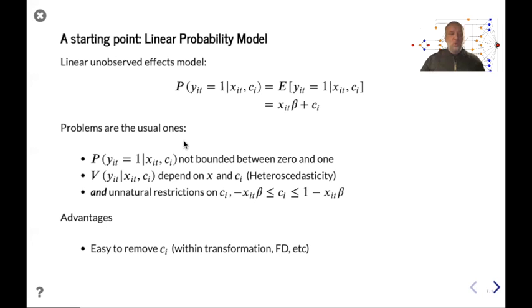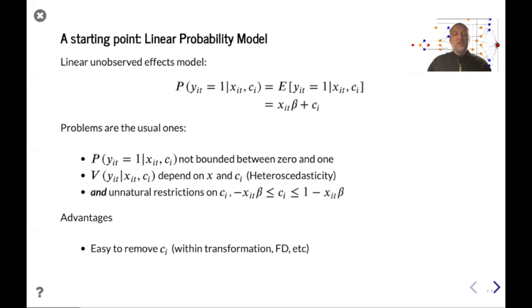Problems are the usual ones. The response probability is not bounded between 0 and 1. If you let x increase, since it's entering linearly, eventually it's going to go outside the unit interval. If b is positive, it's going to be above 1.